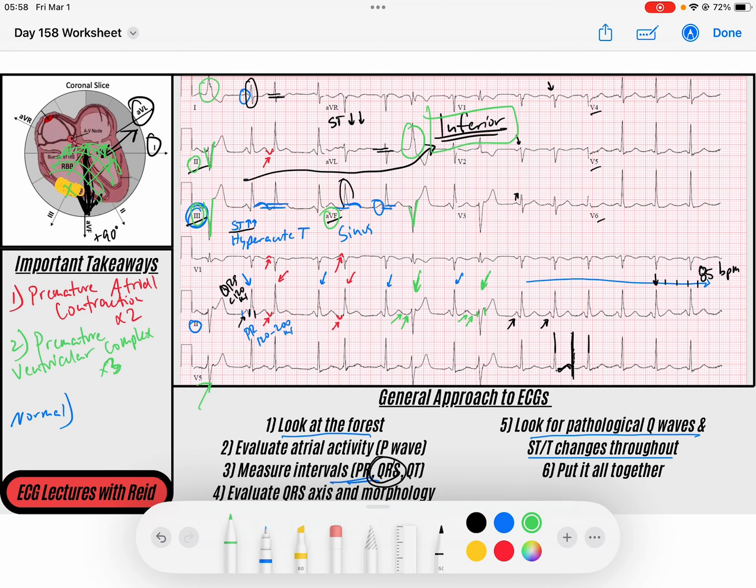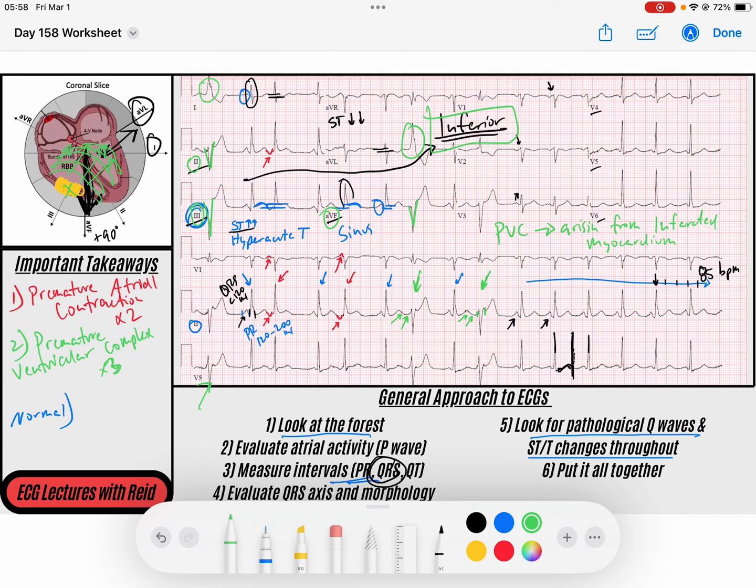So what I'm nervous about is that this person is having an inferior STEMI, and the PVCs are arising from the infarcted myocardium, right? So in the acute setting, you might be on a little bit more high alert towards any ventricular arrhythmias, right? You don't want this person to have a VTAC episode or VFib arrest.